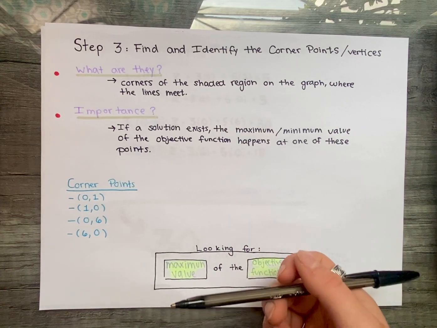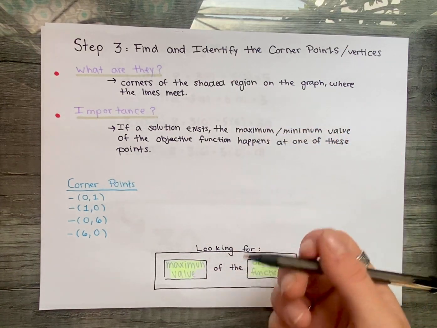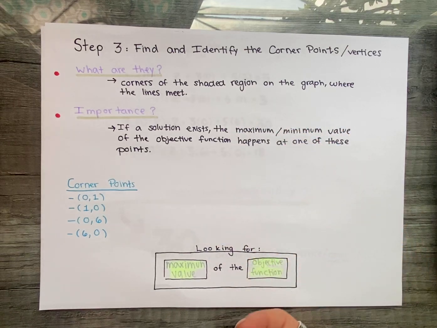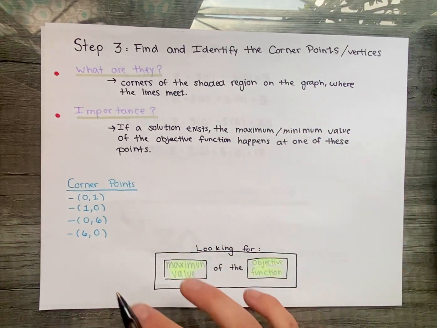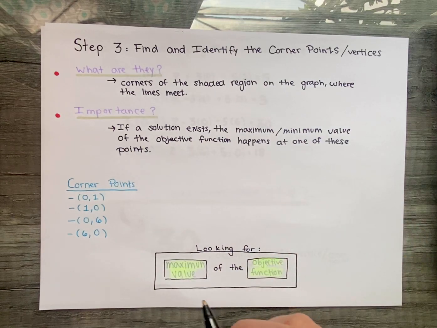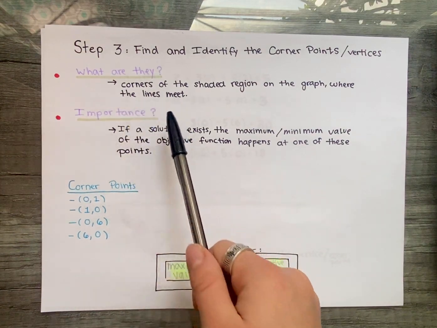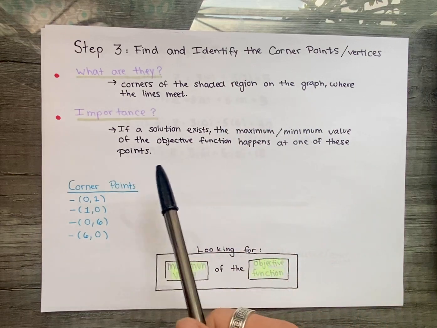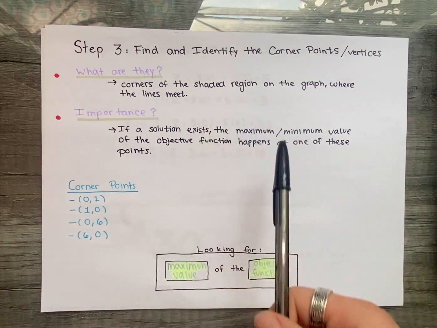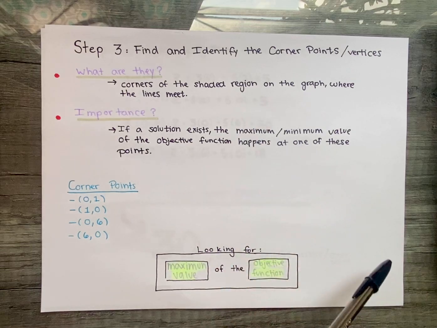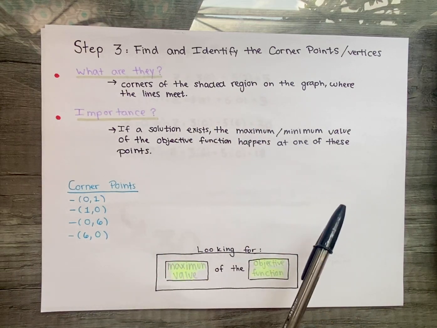So, what are corner points? Corner points are the corners of the shaded region on the graph where the lines meet. In this case, they are our coordinate points.